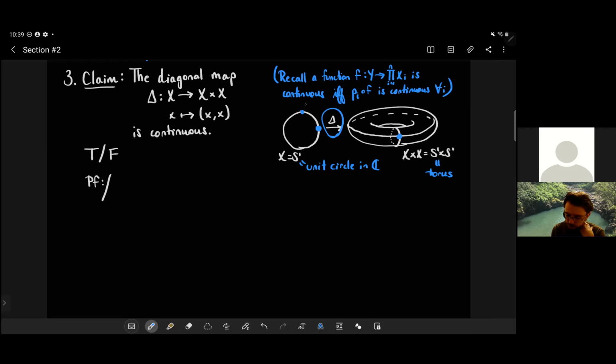If I go a quarter turn, maybe call that X, so I go pi over 2 radians around the circle, well, I'd have to go to pi over 2 comma pi over 2 on the torus, which is weird to think about, but that means going a quarter way around this circle and also a quarter way around the other circle. So you go pi over 2 units around each circle, and it kind of traces out this kind of looking thing.